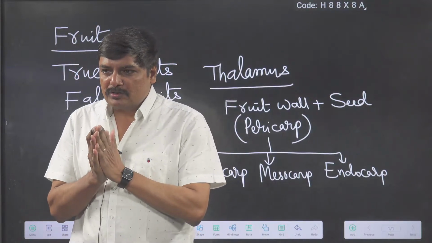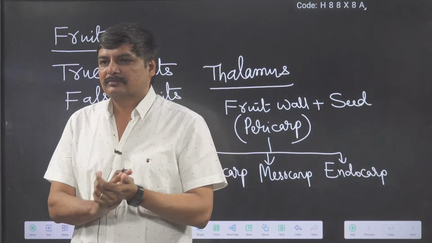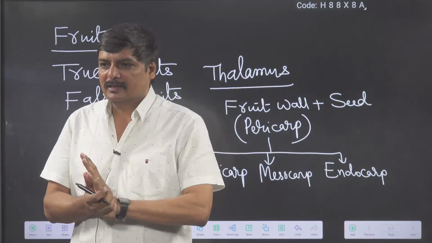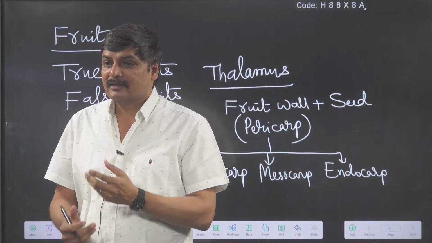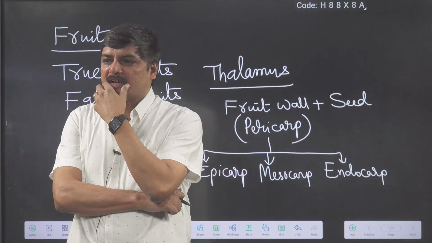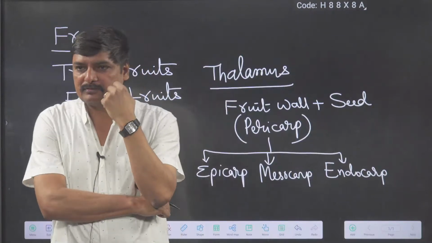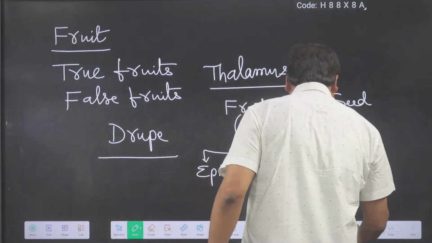Finally, the true fruits are divided into how many types? Three types. True fruits are divided into three types. What are the three types of true fruits?